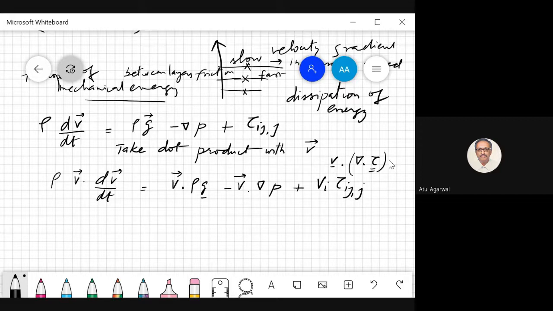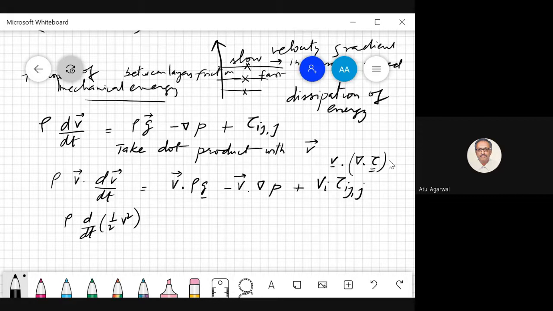You have taken the dot product with velocity. Now what is this equal to? Can you write it like this? Yes.